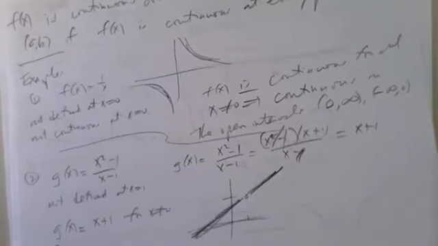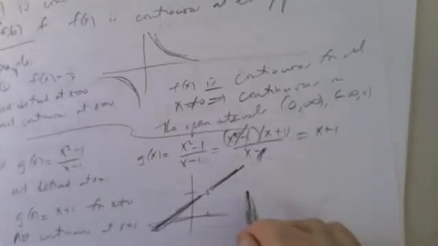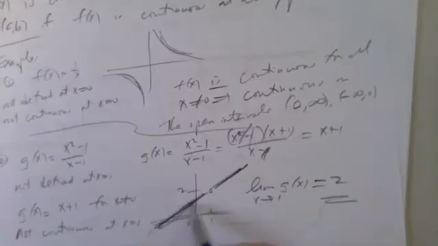So this can't be continuous at x equal 1 because the function is not defined there. But it is true nonetheless that the limit of g of x as x approaches 1 exists, and it's equal to 2. As you approach 1, the function approaches 2.